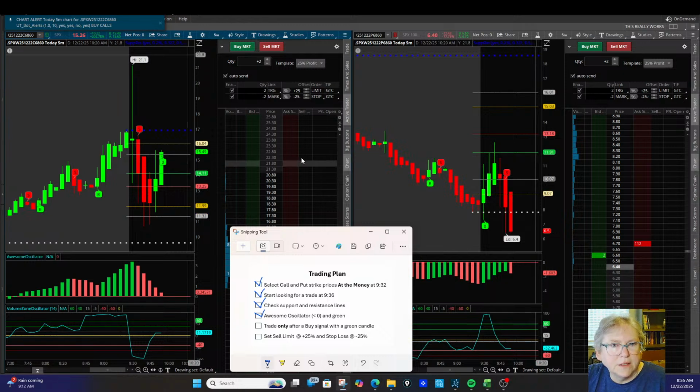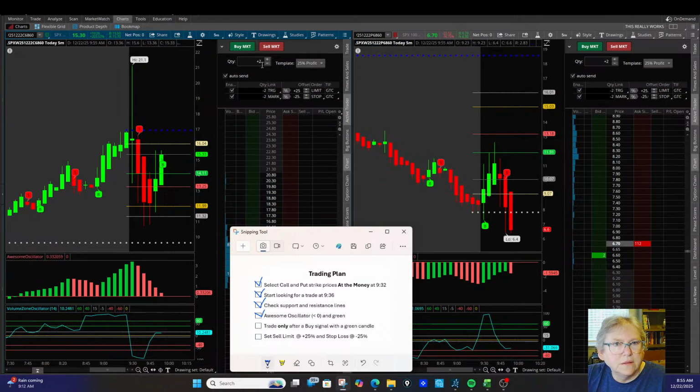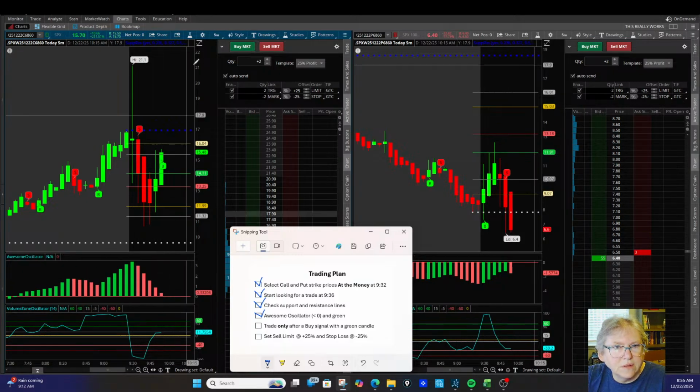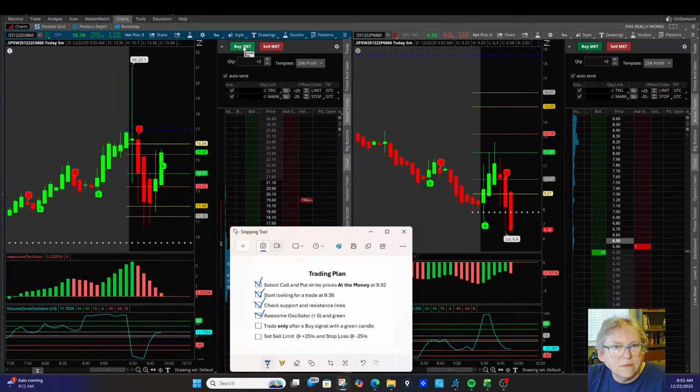Okay, there's our buy signal, and 2. This is not below 0, but it's headed that way. I'm talking about the awesome oscillator and calls. Let's go ahead and buy this.